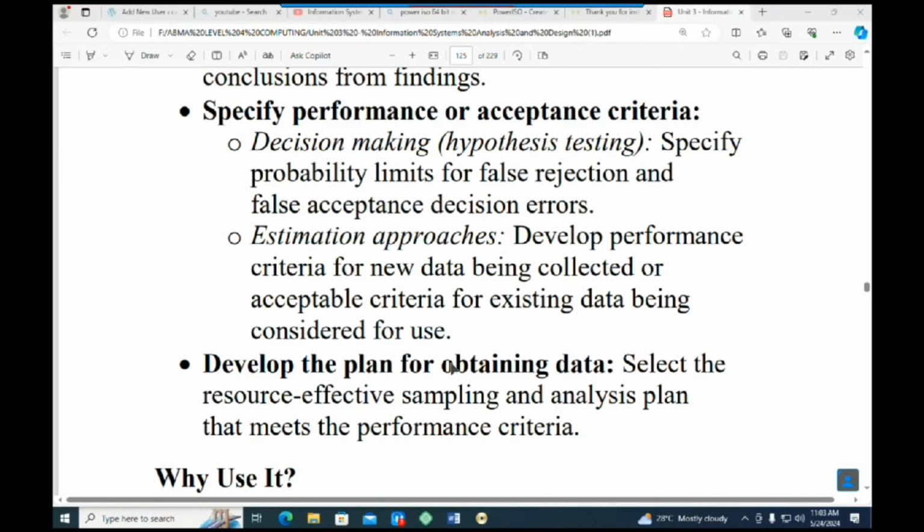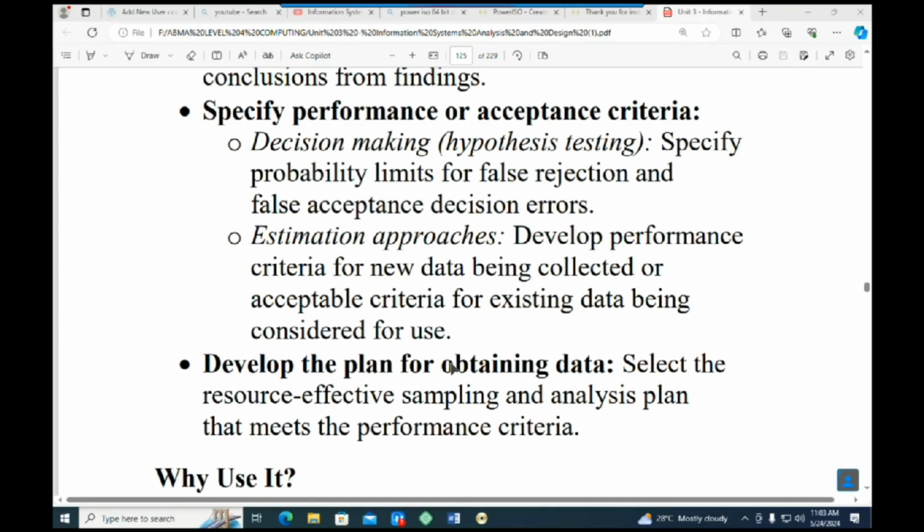Then number two, you have estimation approaches. The estimation approaches here are a development of performance criteria for new data that is actually being collected, or acceptance criteria for maybe existing data that is being considered for use.